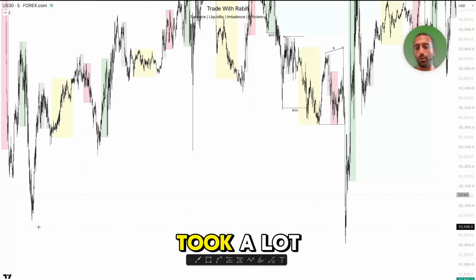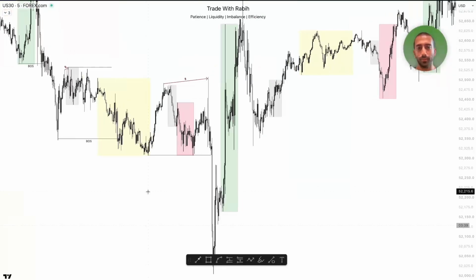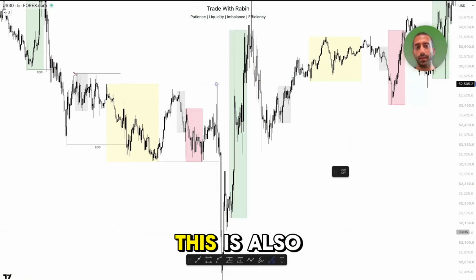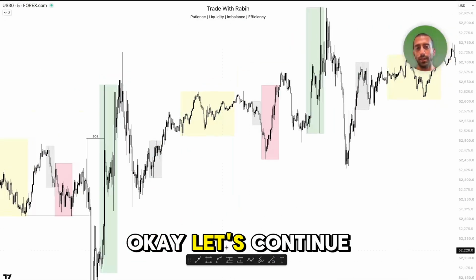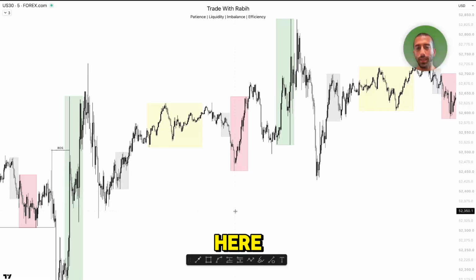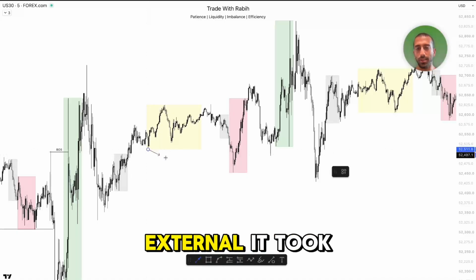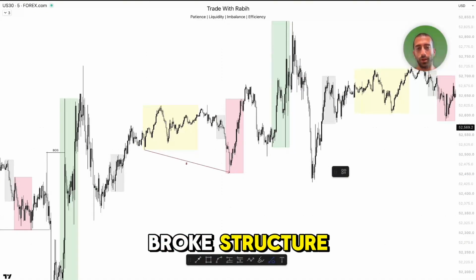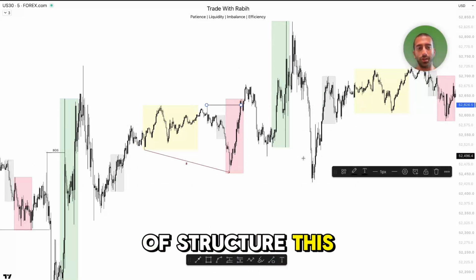But here price took a lot of liquidity and then it broke structure to the upside, which means that this is also a valid break of structure. Okay? Let's continue. Here, London swept liquidity. It took this external, it took Asia low, and then it broke structure. So this is a valid break of structure. This one I mark.